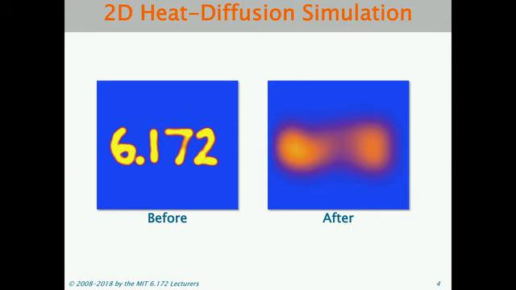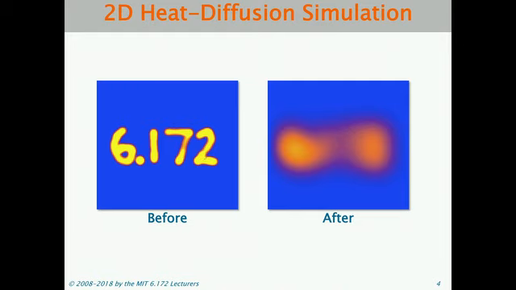OK, so here's an example of 2D heat diffusion. So let's say we started out with the configuration on the left. And here the color corresponds to the temperature. So a brighter color means it's hotter. Yellow is the hottest, and blue is the coldest. And on the left, we just have 6172, which is the course number. So if you didn't know that, you're probably in the wrong class.